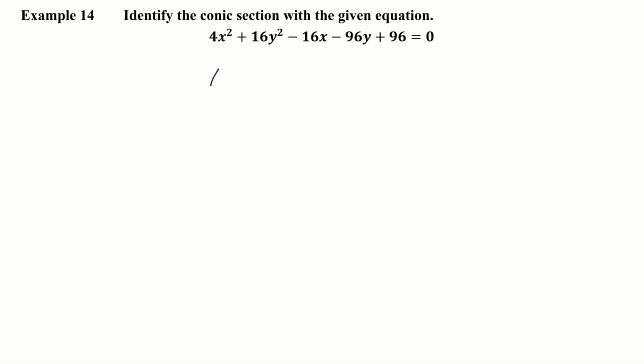x squared plus 4y squared minus 4x minus 24y plus 24 equals 0, because 0 divided by 4 is just 0 anyway.